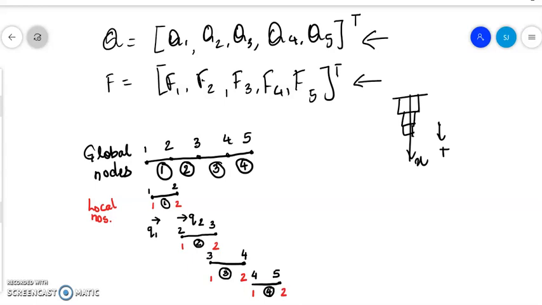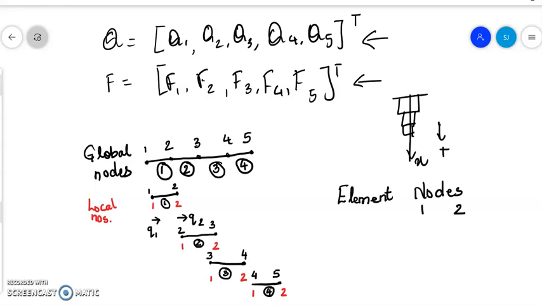Okay, this can now be represented as an element connectivity table, and it establishes the relationship between the local and the global coordinates. So this is very important to solve problems, so please pay attention to this. This is element, these are nodes.